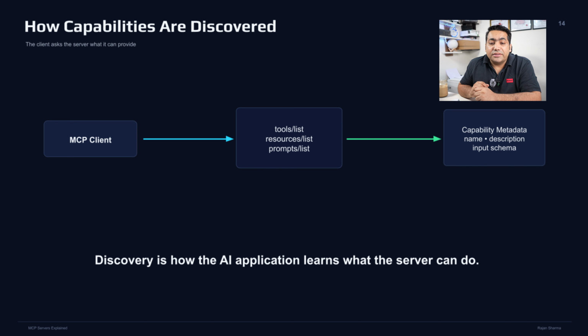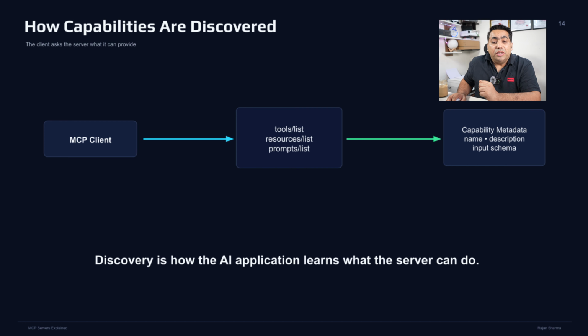The server returns metadata including the name, descriptions, input schemas, and other details. This discovery step is important because the AI application needs to know what is available before it can use anything. Discovery is like asking the server, tell me what capabilities you provide.